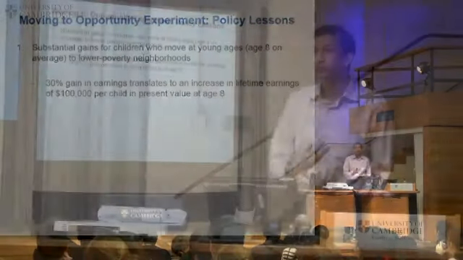Okay, so what can we extract in terms of policy lessons from that analysis? As I've emphasized, there are substantial gains for children who move at young ages. We were looking at kids who were below 13. For simplicity, those kids are age 8 on average when they move. Substantial gains for those kids from moving to lower poverty neighborhoods. As I said, there's about a 30% gain in earnings, which translates to an increase in lifetime earnings.